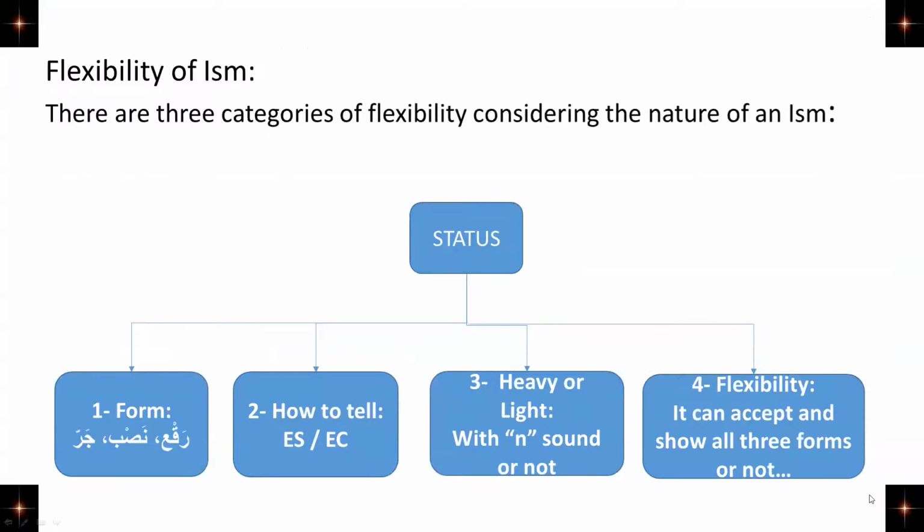So we are at the end of this session. About 10 minutes to go. Good. Now, more about flexibility. So, flexibility of an ism, there are three categories of flexibility considering the nature of our ism. So you see here, we have the status.